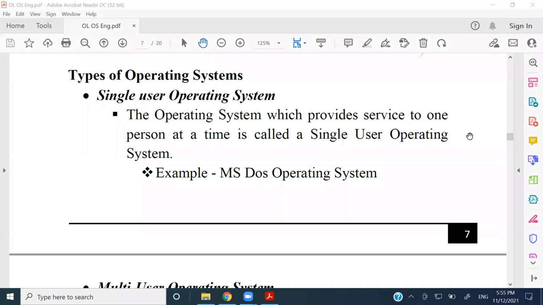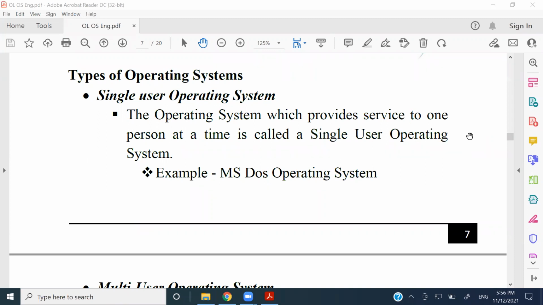As the example here, they have given the MS-DOS operating system. Actually, we can't say MS-DOS operating system. It should be MS-DOS, Microsoft Disk Operating System. Right, so MS-DOS is a kind of single user and single task operating system.